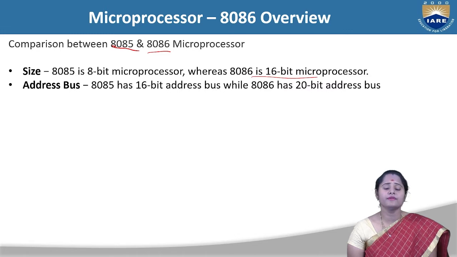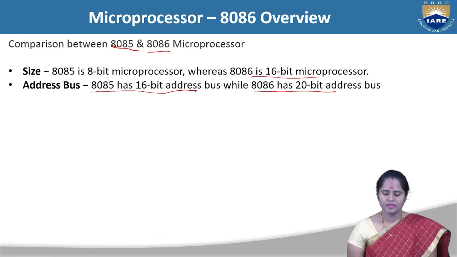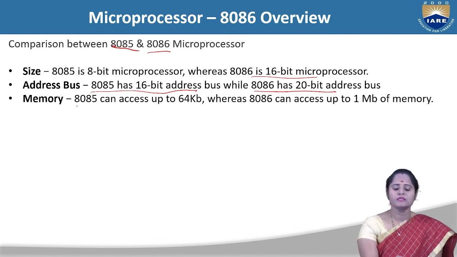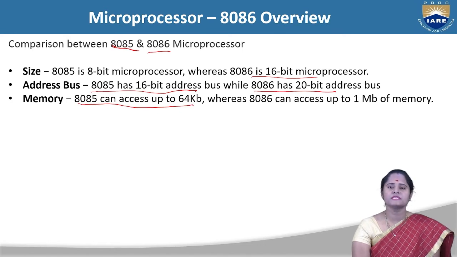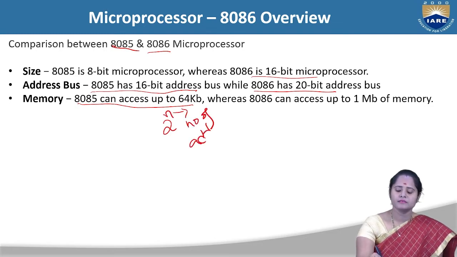And next, the address bus. The 8085 has a 16-bit address bus, whereas the 8086 has a 20-bit address bus. And next, the memory. As we know, 2 power n, where n is the number of address lines.